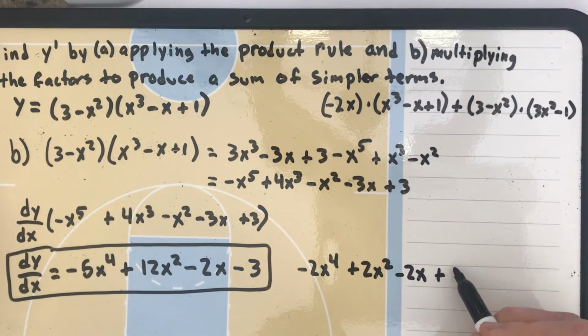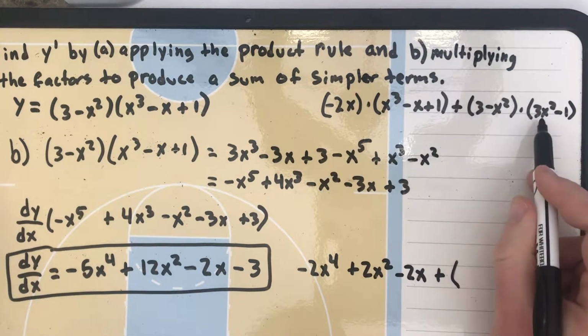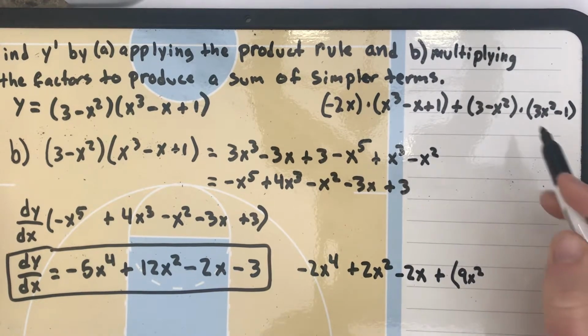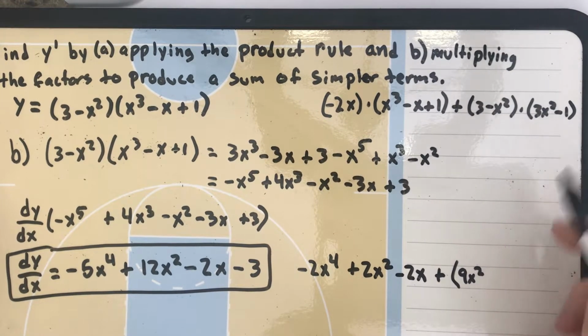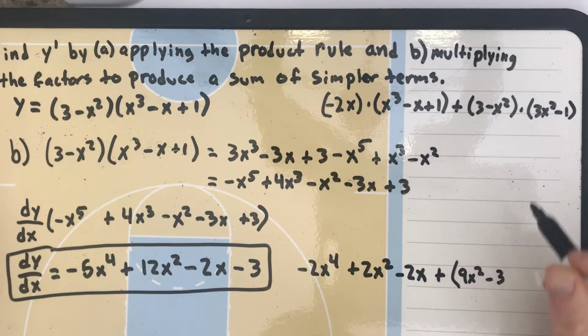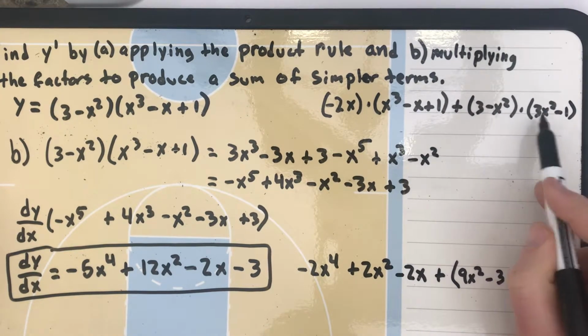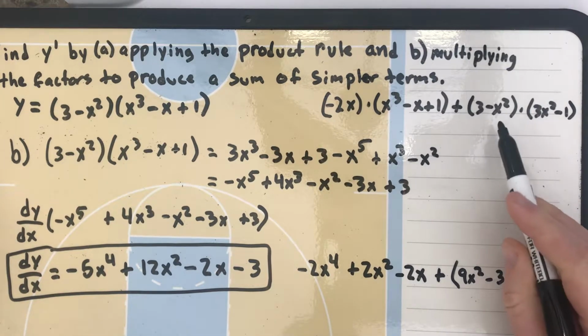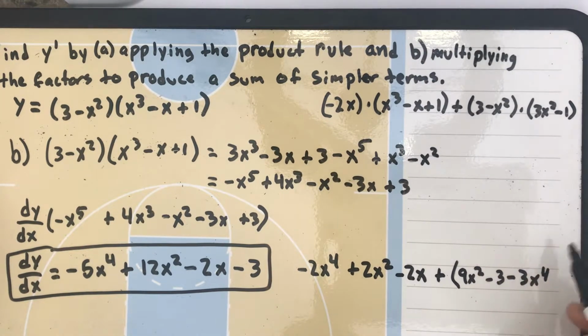I'll put this in parentheses here. 3 times 3x squared is 9x squared. 3 times negative 1 is negative 3. Negative x squared times 3x squared is negative 3x to the fourth. And then finally, negative x squared times negative 1 is positive x squared.